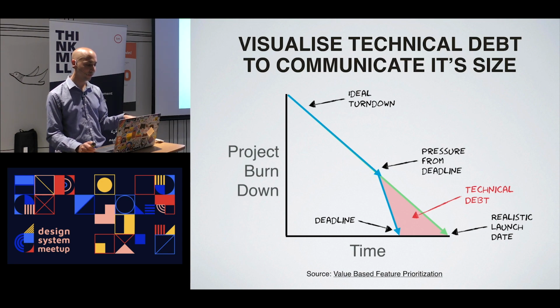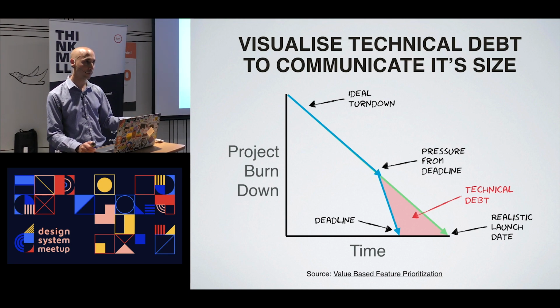Another tool that I use is visualizing technical debt. So technical debt is sometimes this nebulous and transient in some ways thing that can be difficult to conceptualize, especially if you have people that aren't particularly technical and they're not aware of the concept of technical debt.